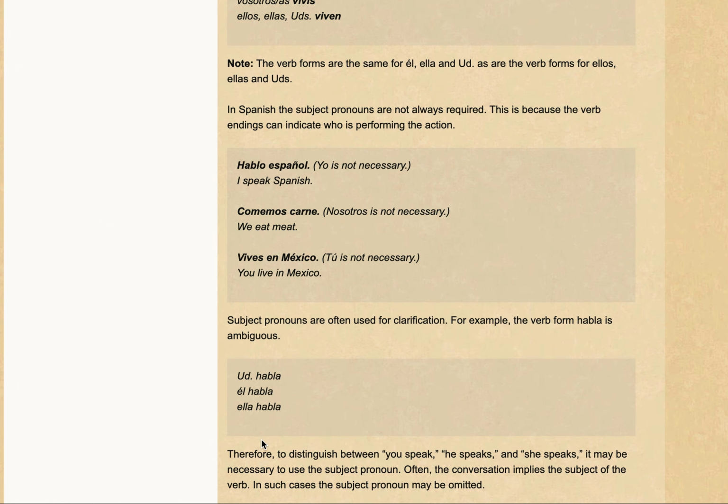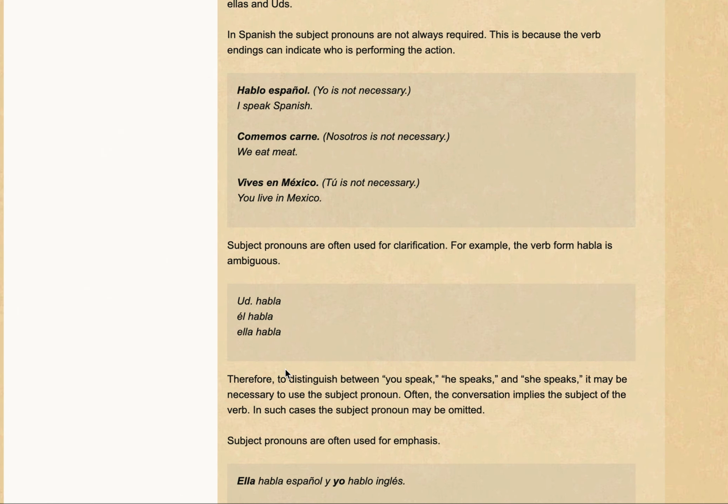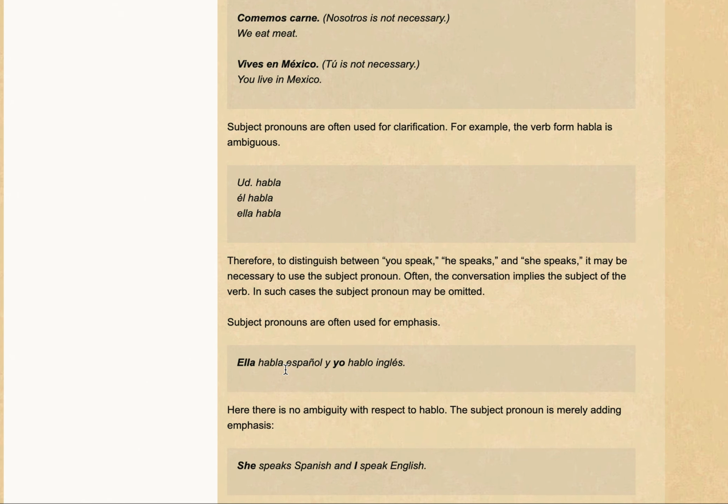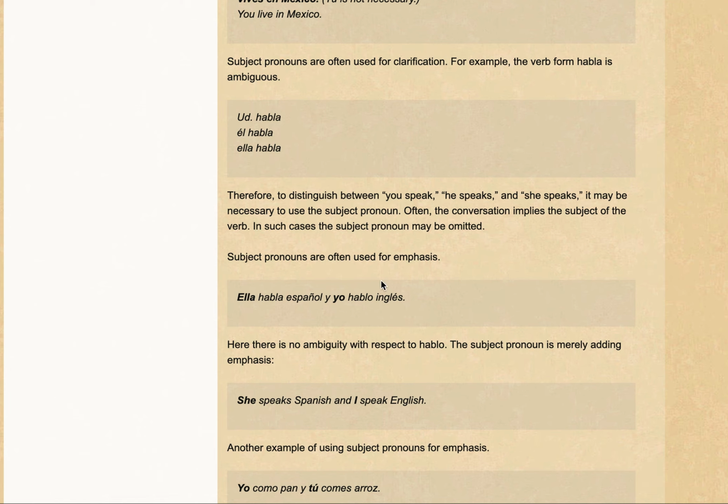Then we saw that there are times when it is used for emphasis. For instance, ella habla español y yo hablo inglés. Here we have highlighted ella and yo.